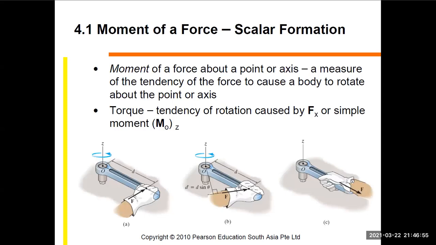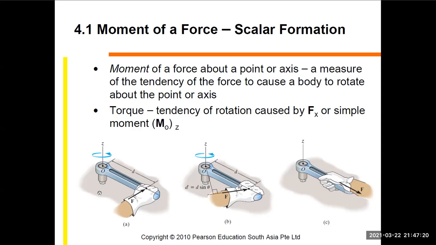So basically in the moment of a force in the scalar formulation, the moment of force about a point or axis is a measure of the tendency of the force to cause a body to rotate about the point or axis. So if we apply force on a body, the moment is the tendency of this force to cause the body to rotate.